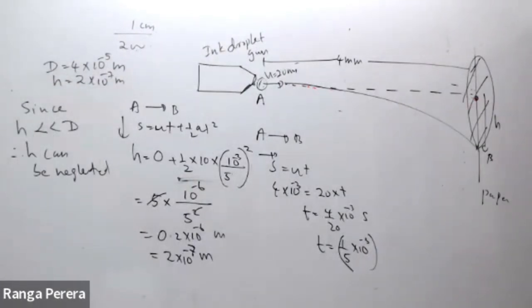Just write under that, H is smaller than the diameter of a dot.